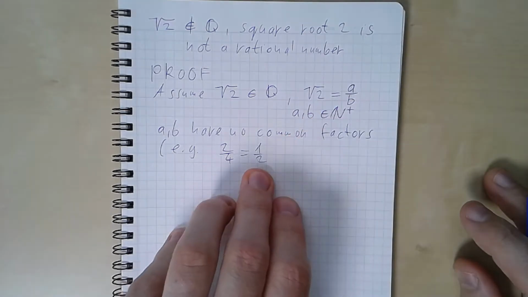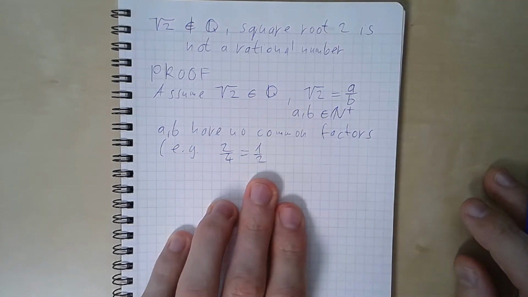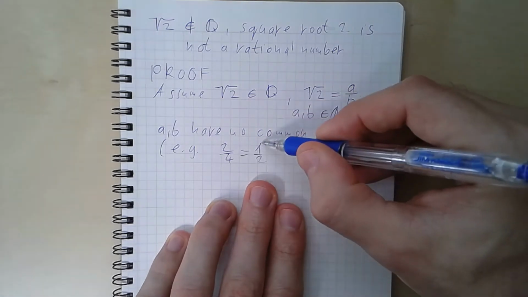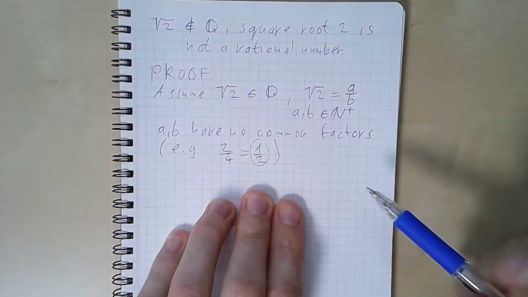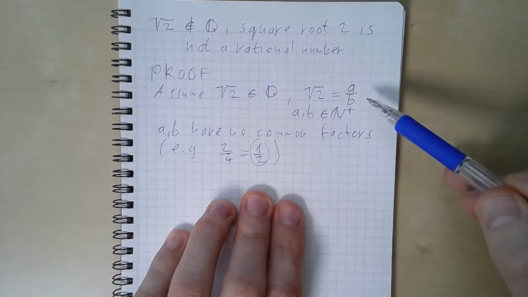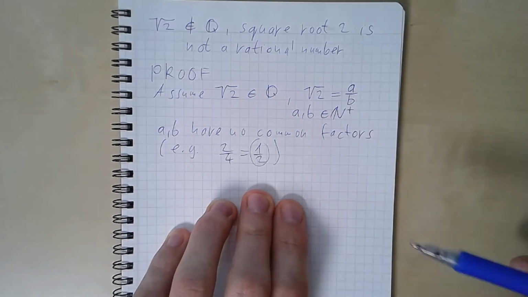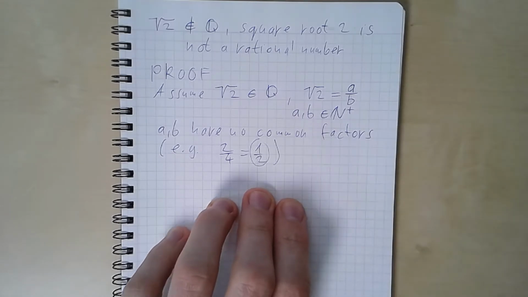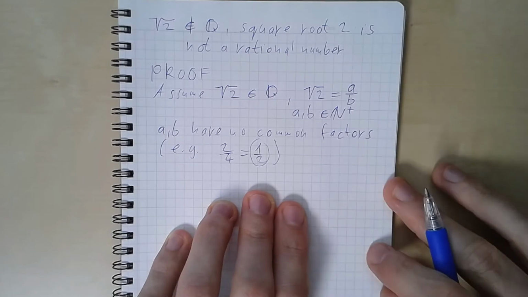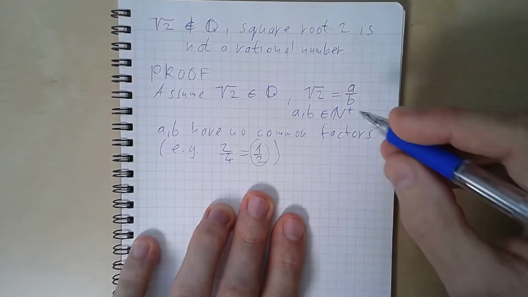So there is a reduced form, a unique reduced form for the fraction. So this is what we mean. Okay, so it is in this form. This is not a problem because whatever a and b you have, you can always turn it into a reduced form. So then we just choose those a and b. So a and b have no common factors.